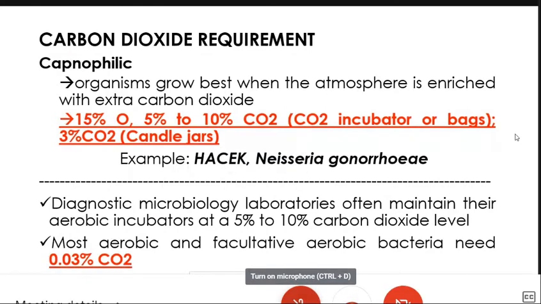Anyone? Naglagay ako sa can ng kandila. Nilight ko si kandila. Nung nalight ko si kandila, clinose ko si can. What will happen? Mamamatay yung kandila. Pag namatay yung kandila, ano ang nawala at ano ang na-produce? Mababawasan ka ng oxygen.